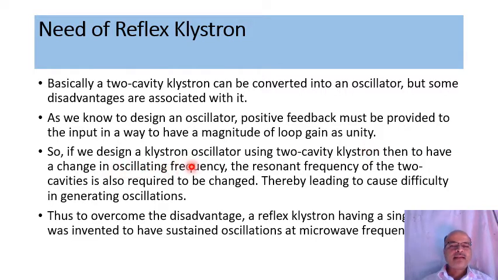So if we design a klystron oscillator using a two cavity klystron, then to change the oscillating frequency, the resonant frequency of the two cavities is also required to be changed, thereby causing difficulty in generating oscillations. Thus, to overcome these disadvantages, the reflex klystron, having a single cavity, was invented to have sustained oscillations at microwave frequencies.